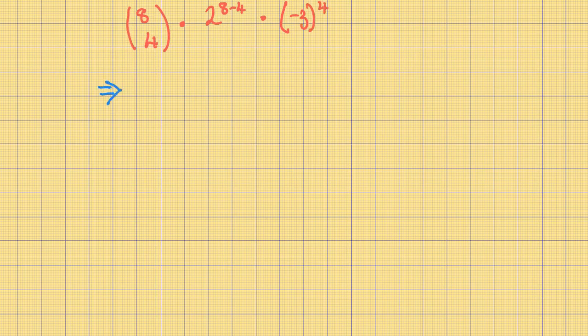Therefore, we get 8 choose 4 is 70, times 2 to the power of 4, which is 16, times minus 3 to the power of 4, which is 81. Therefore, the constant term is 90,720.